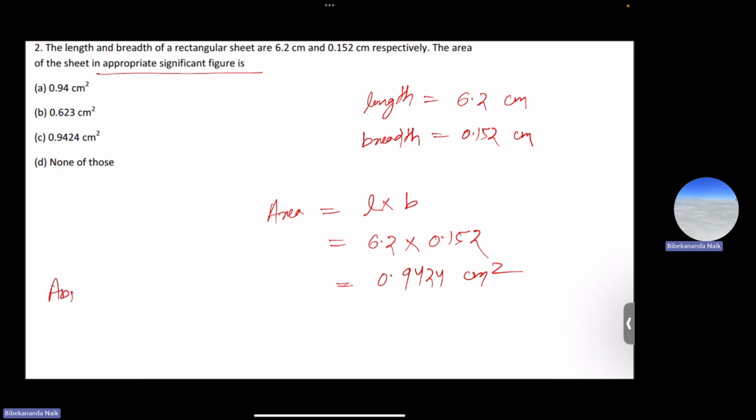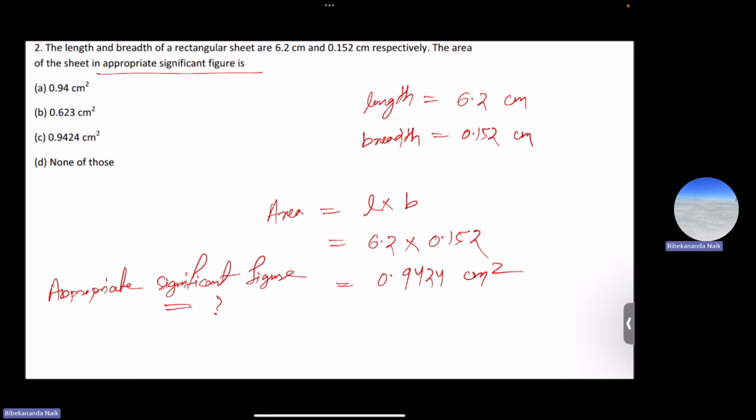What is appropriate significant figure? According to the rules of significant figures, in multiplication or division, the result will have the least number of significant figures out of the available values.